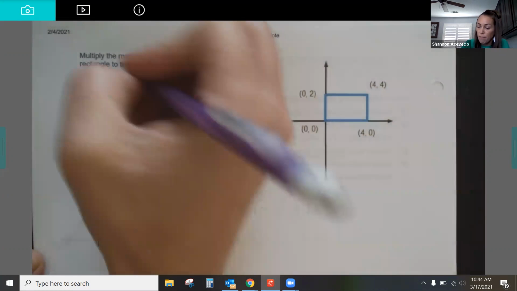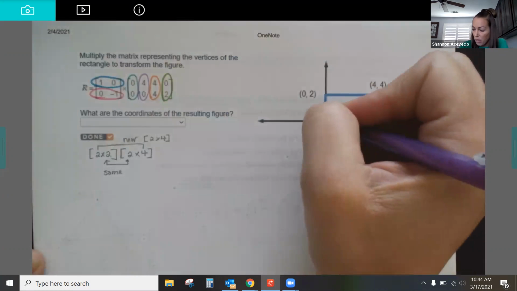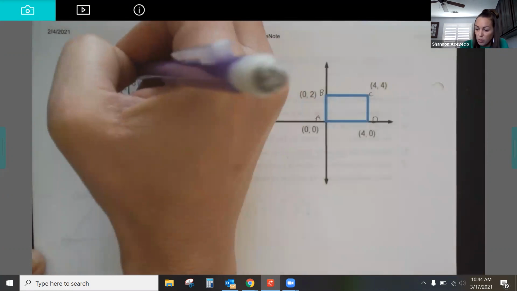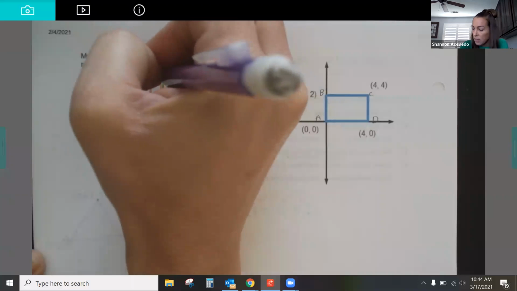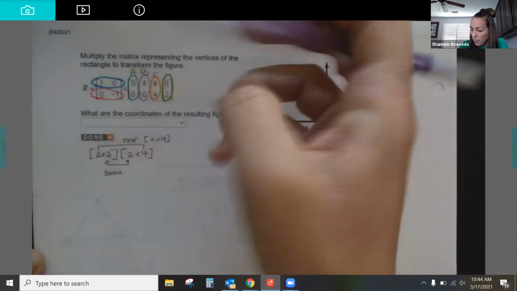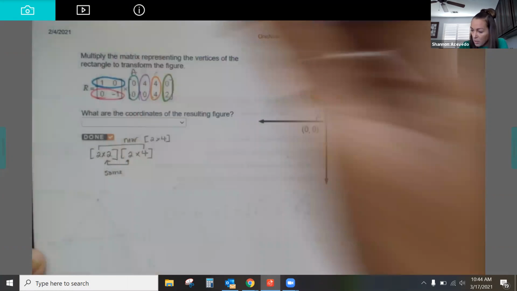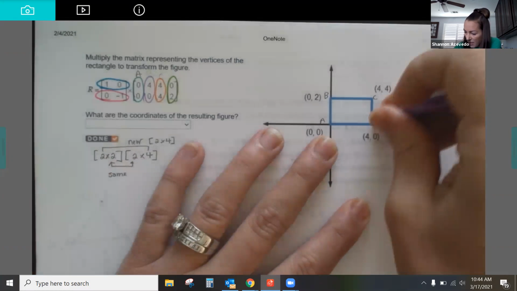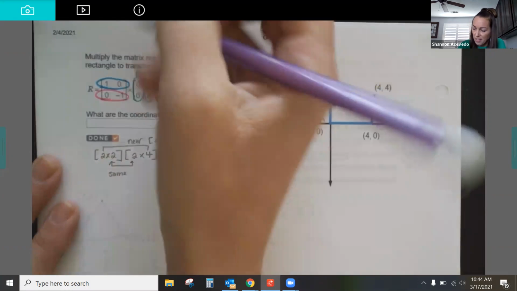So this was my first point. If I want to label them A, B, C, and D, just to help you guys, this was my point A, B. Oh, did I do them in order? Nope. This is my point A. Let's go this way.